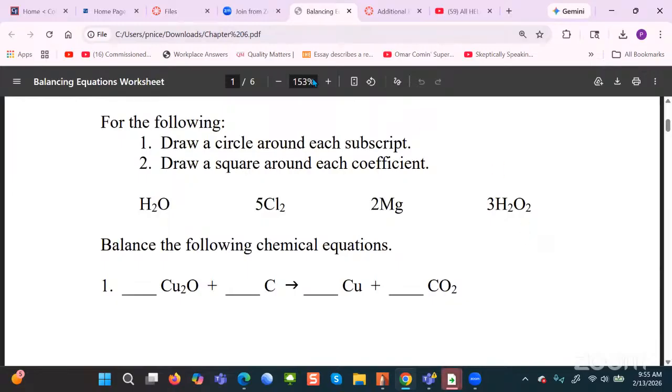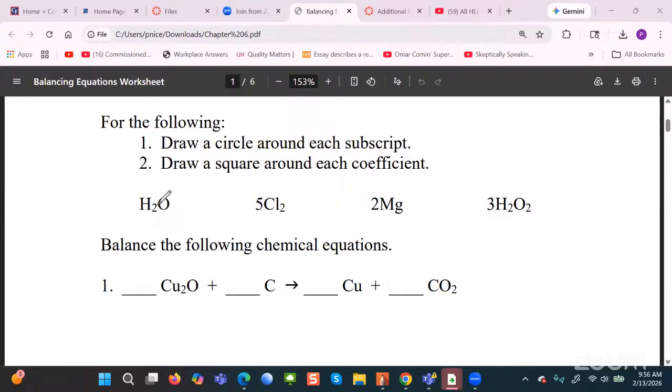The subscripts are the smaller numbers placed to the right of the symbol for a particular element in a compound or in a molecule, which indicate the number of atoms present per molecule. And the coefficient is the number that is placed in front of or to the left of the formula, which indicates the number of atoms or molecules, all right?